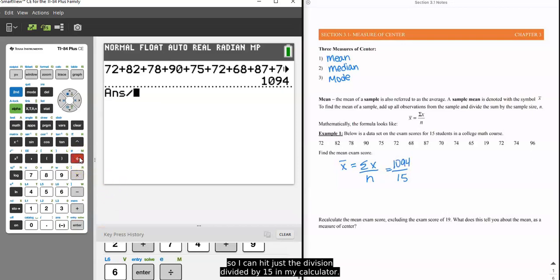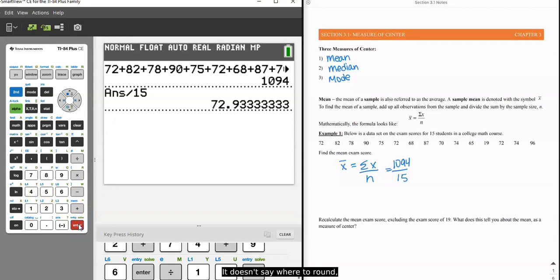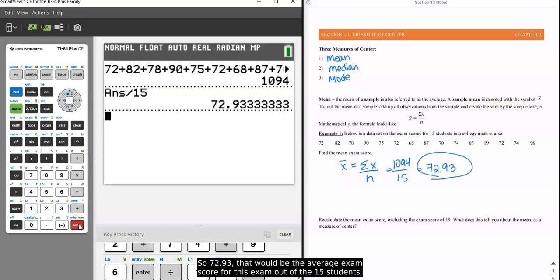So I can hit the division, divided by 15 in my calculator. It doesn't say where to round, so let's round to 2 decimal places. 72.93, that would be the average exam score for this exam out of the 15 students.